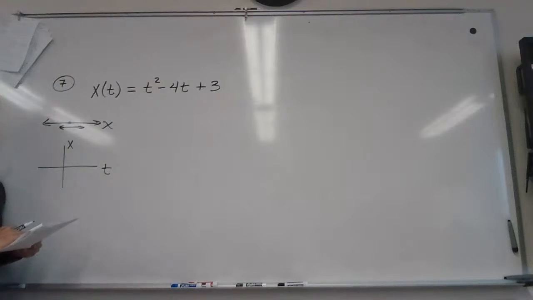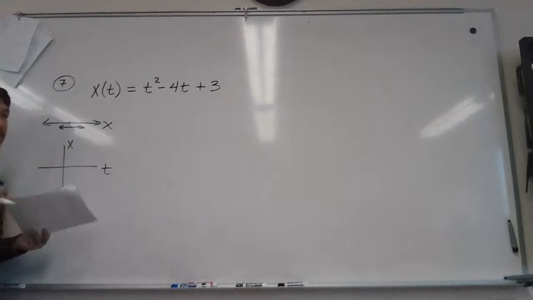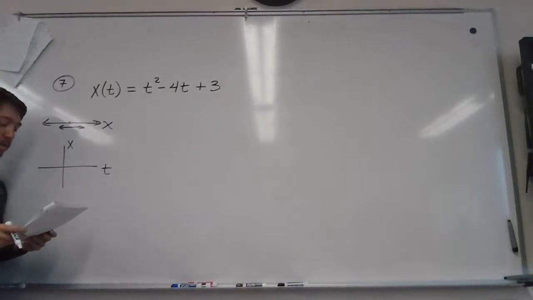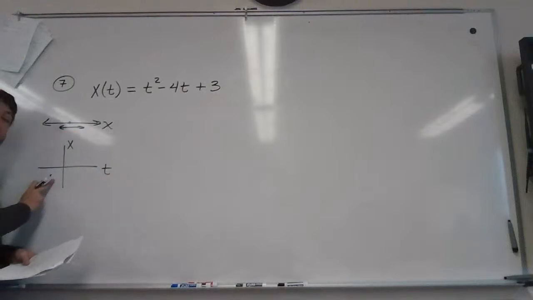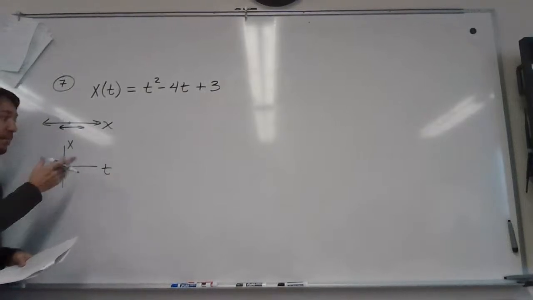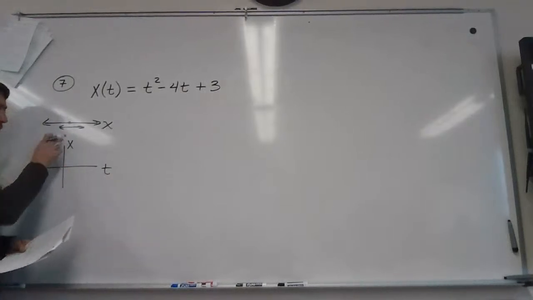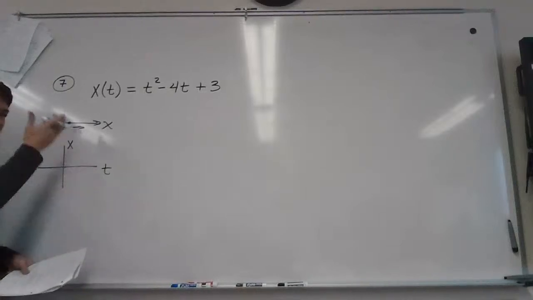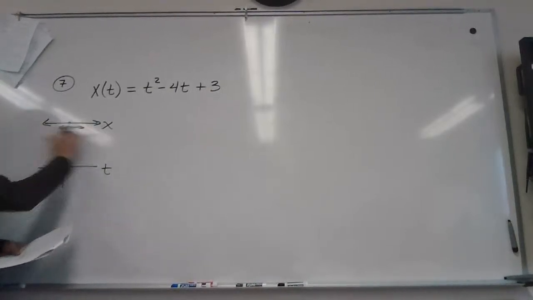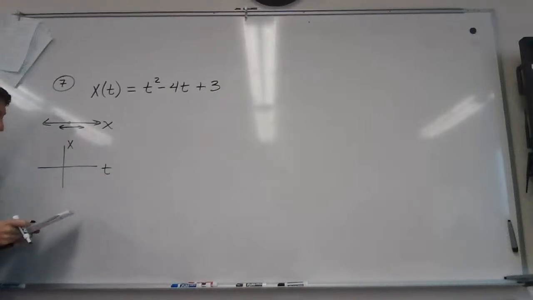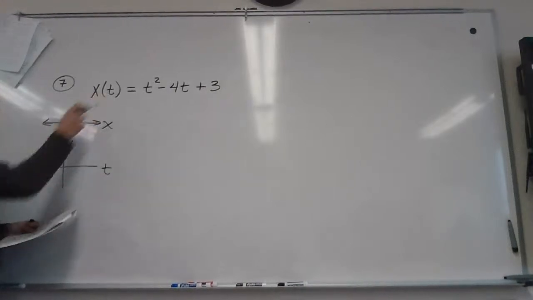It might be upsetting because the vertical axis is the x-axis. That always throws people off, especially if a test or a textbook gives you an x versus t graph and you think, wait a second, x is on the y-axis. What's going on? Well, this is describing the position of the particle along this horizontal axis. Okay, so how do I graph that?